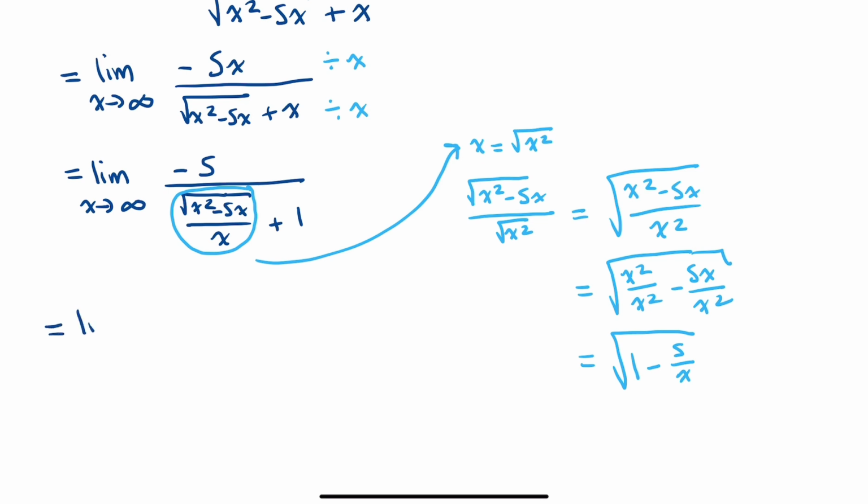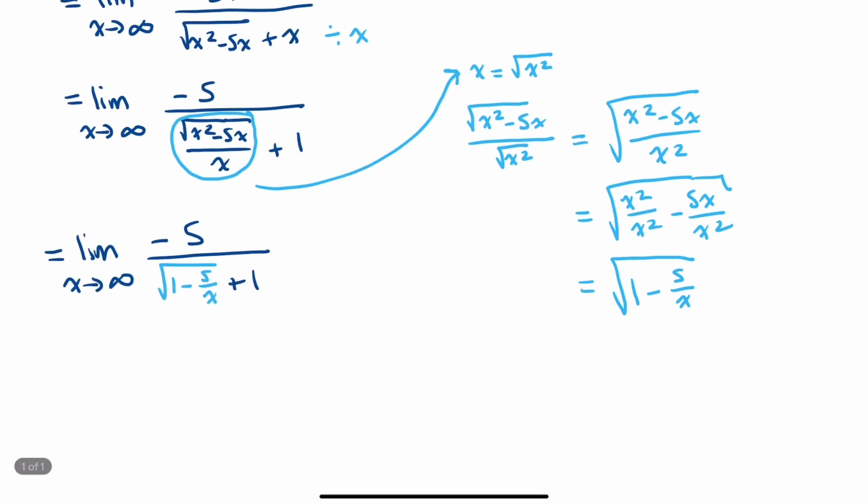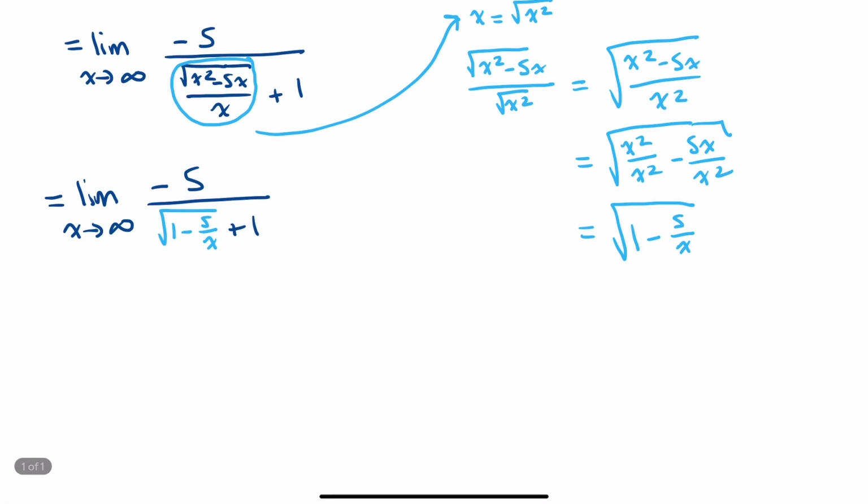So I'm going to get the limit as x approaches infinity of negative 5 all over what we just did. So the square root of 1 minus 5 over x plus 1. And now we can get rid of the limit notation because I'm going to plug in infinity now and see what happens. So we get negative 5 all over the square root of 1 minus 5 over infinity plus 1.